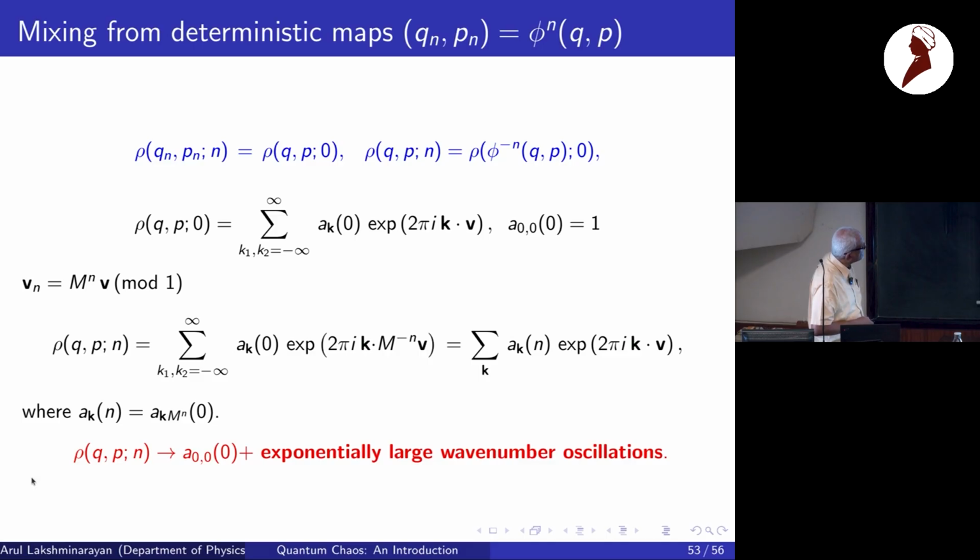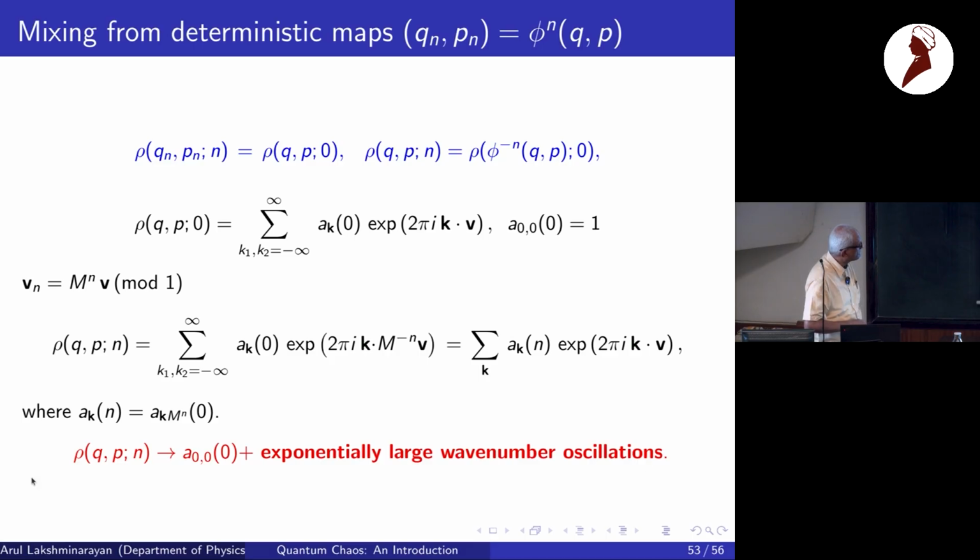After a time n, the density is given like this, where these k vectors, or the momentum vectors, or the Fourier space vectors, are being multiplied by this M to the power of minus n. M is this matrix whose powers are growing exponentially in time with a Lyapunov exponent. So these are exponentially growing. So this means that you can actually shift it like this.